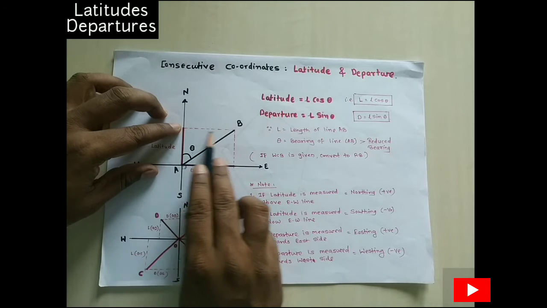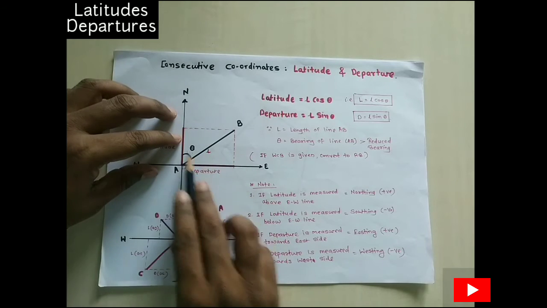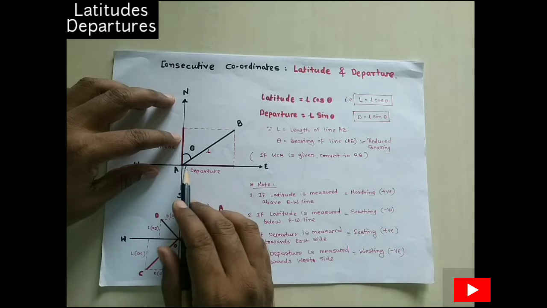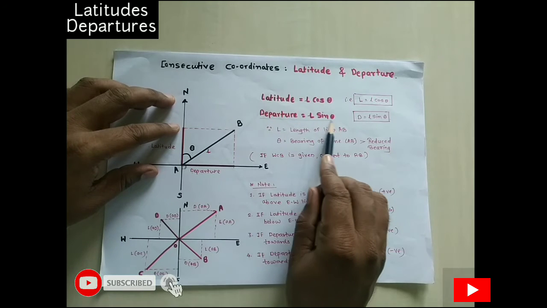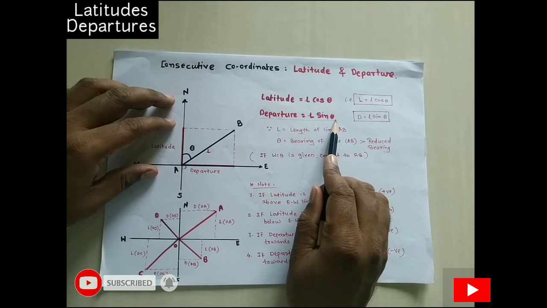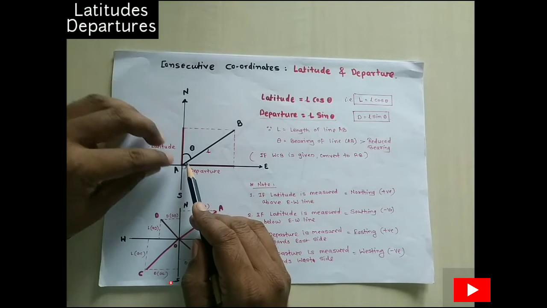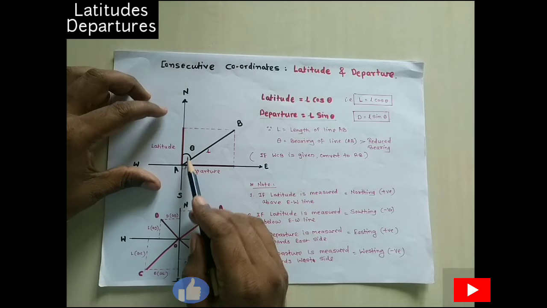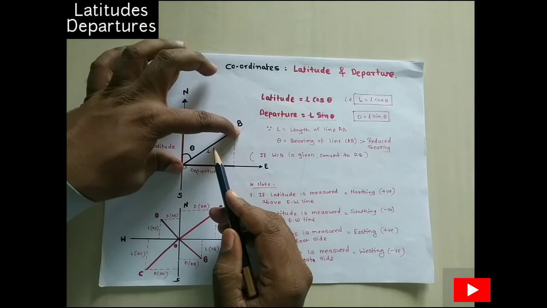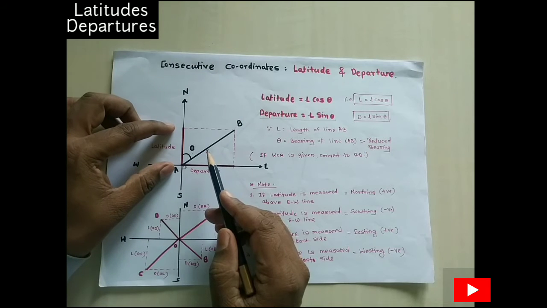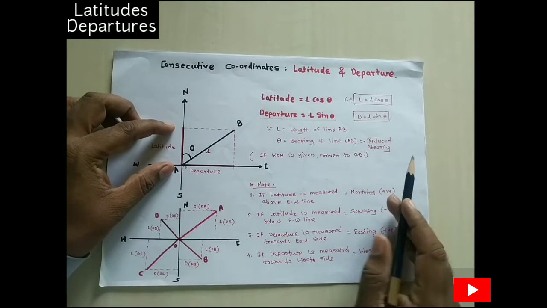So if you want the value of departure, you can directly convert that formula: departure is equal to L sine theta. And what about the latitude? If I say cos theta is equal to adjacent side upon hypotenuse, so latitude becomes L cos theta.